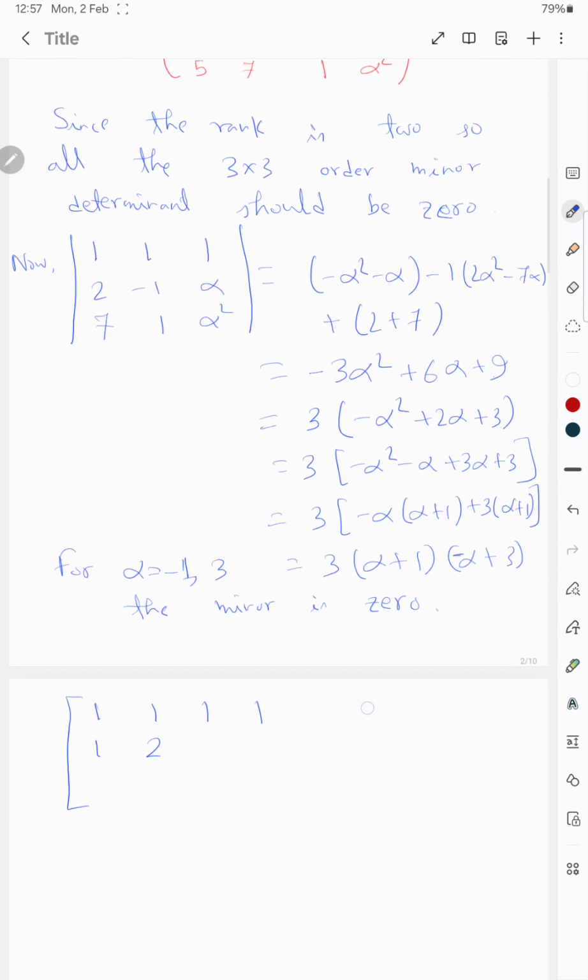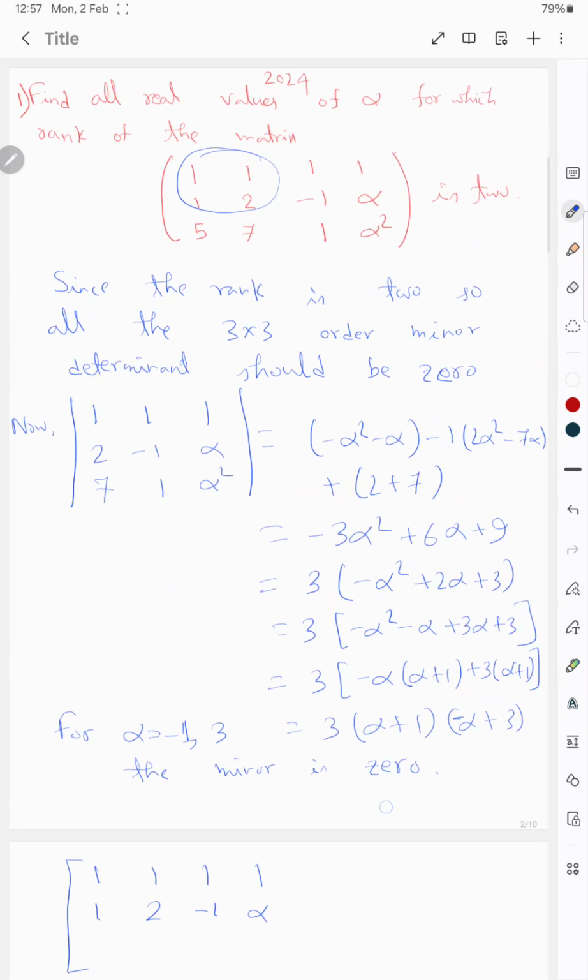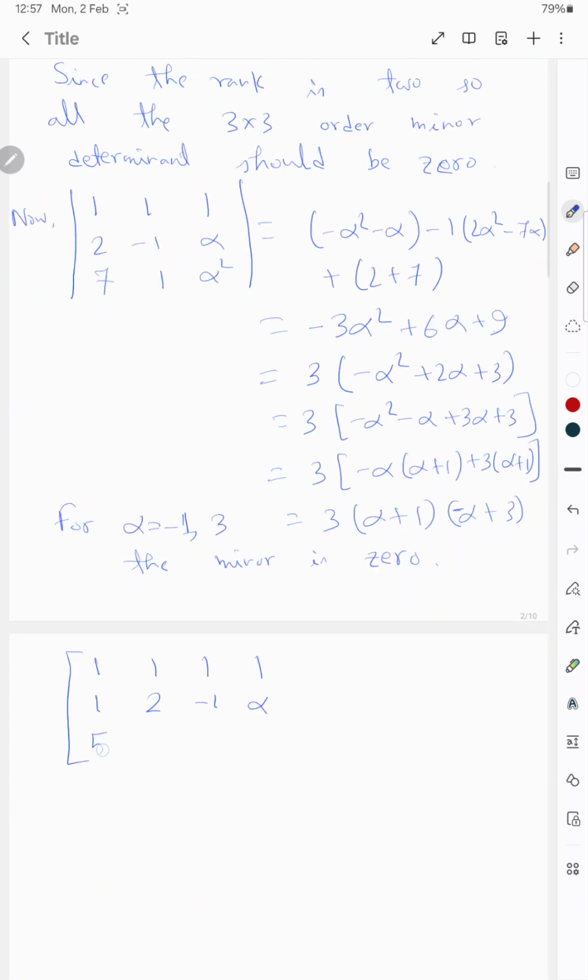The matrix is 2 minus 1 alpha, 5 7 1 alpha. Now you just do some row operation, that you know well, right? We have discussed. You can do just normal equivalent form, not RREF. So basically you can convert this into this type of matrix.